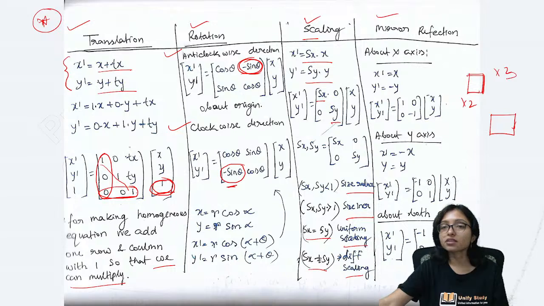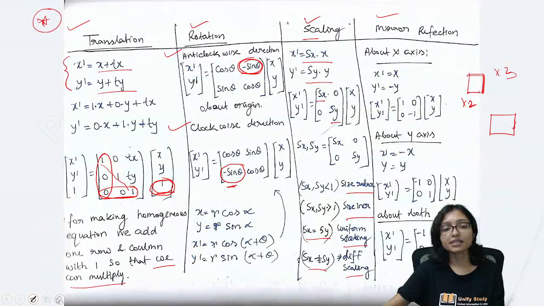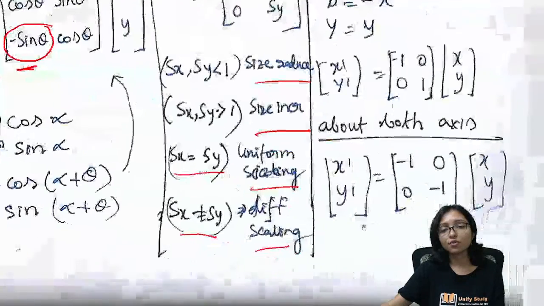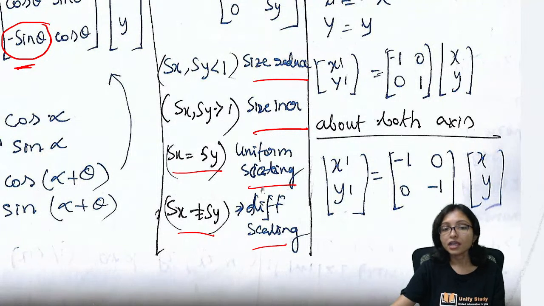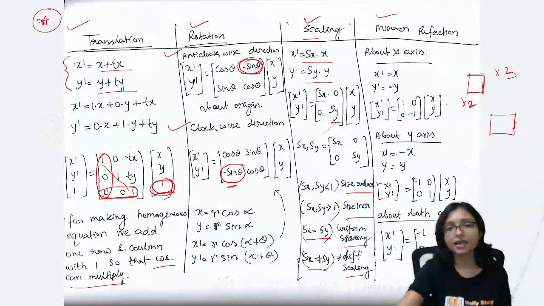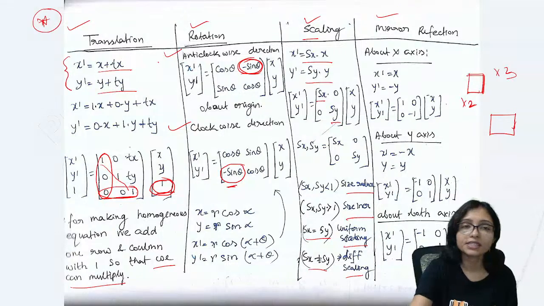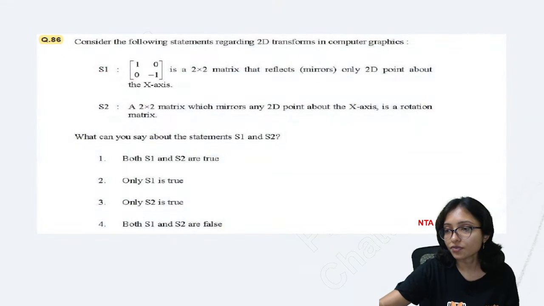But if I scale 3 times in x but 2 times in y, then it is not uniform. These are very important: size reduce, size increase, uniform scaling and different scaling. Remember that. I hope this is clear to everyone.